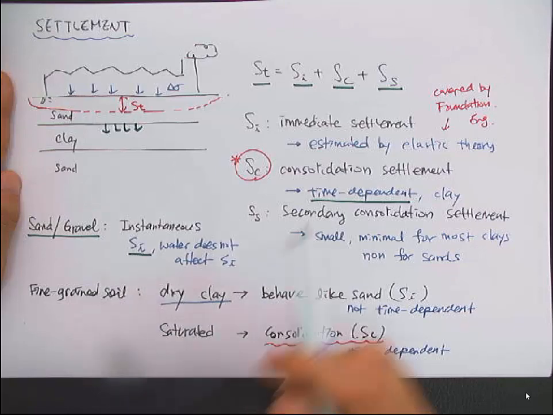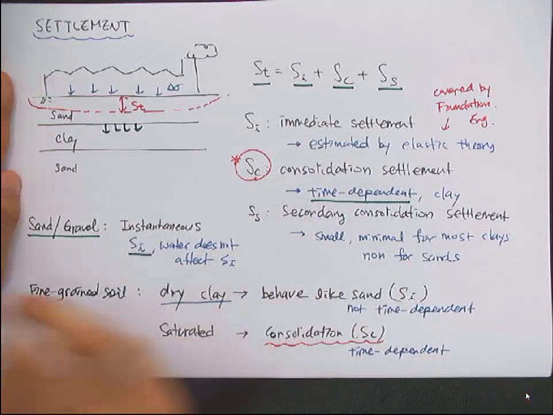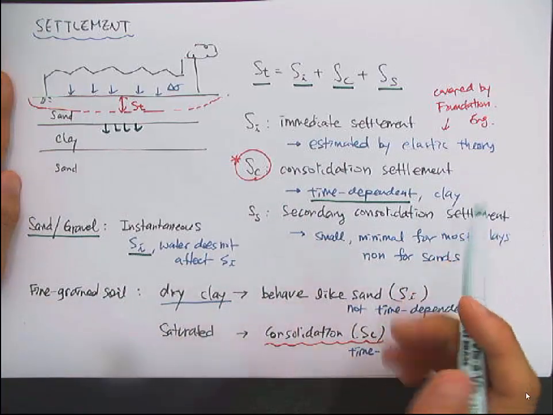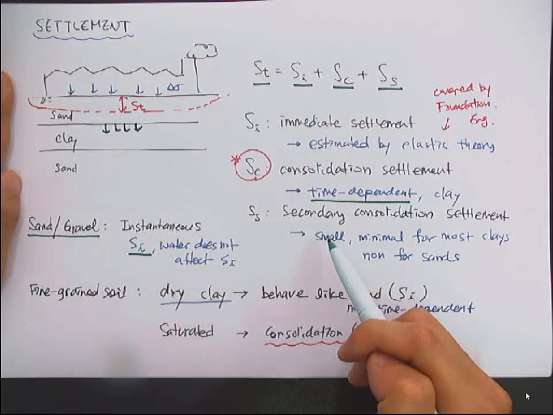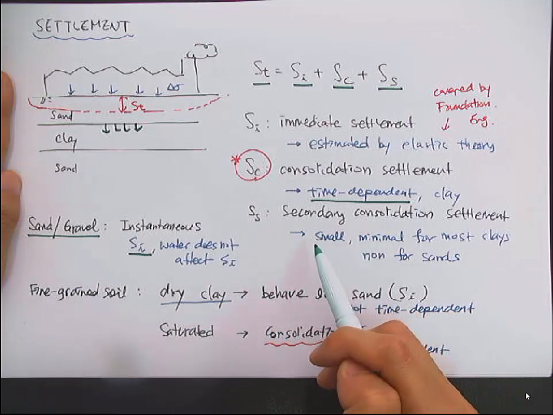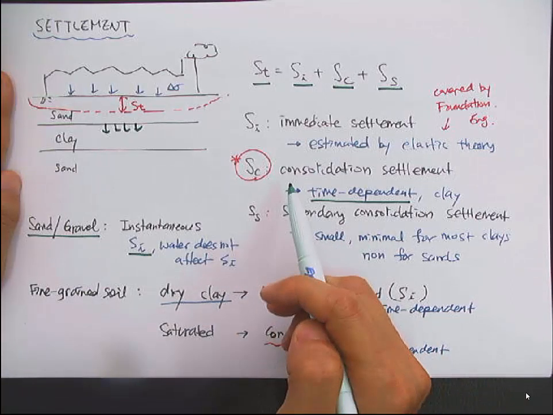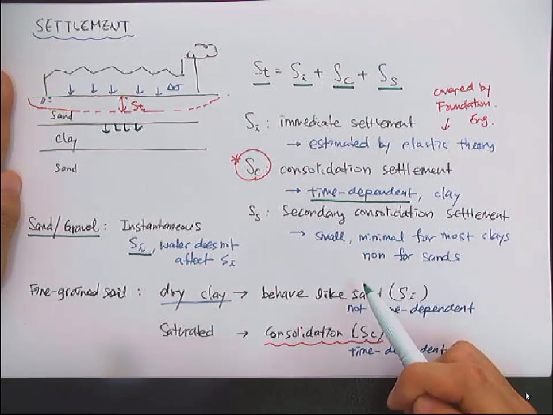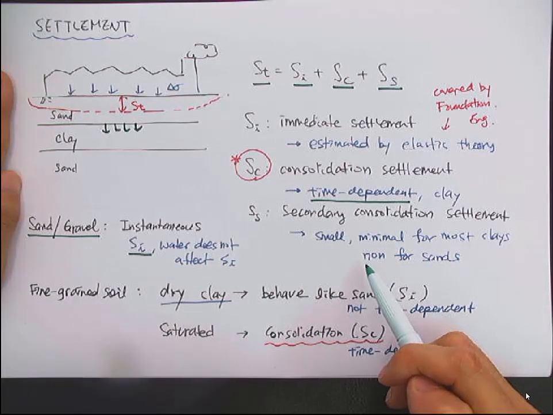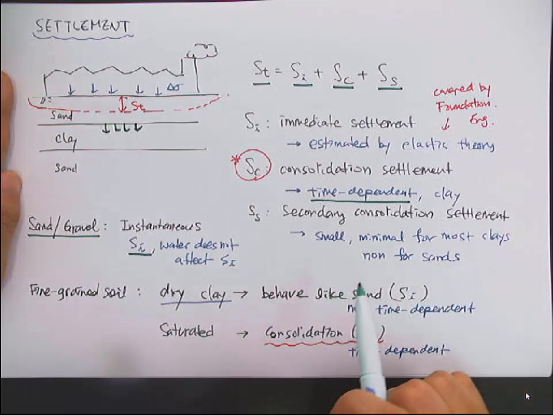After the consolidation settlement, after all the water has escaped, you have a creeping behavior, which is called the secondary consolidation. This secondary consolidation settlement is relatively small compared to the consolidation settlement, minimal for most clay, and very little for sand.